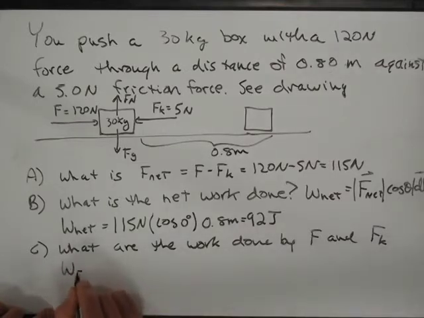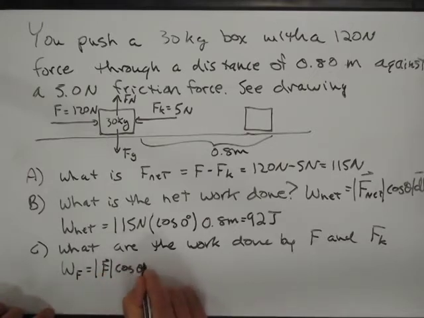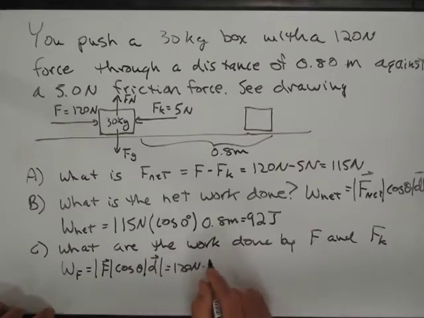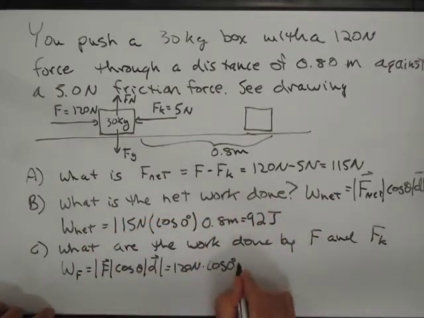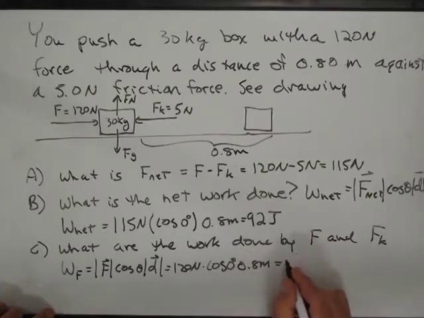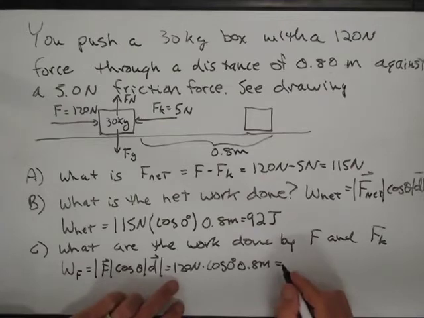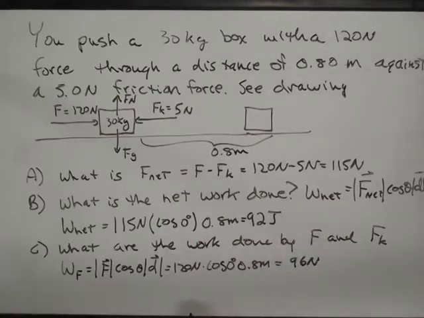The work done by F is equal to the magnitude of F times the cosine of theta times the magnitude of D. That's 120 newtons times, again, it's pushing that way and the object's going that way, so its cosine is 0 degrees, times 0.8 meters, which is 96 joules, because 0.8 times 120 is 96, and cosine of 0 is 1.